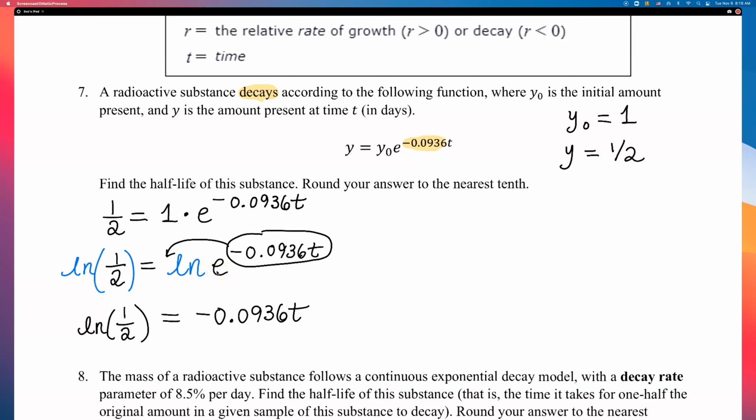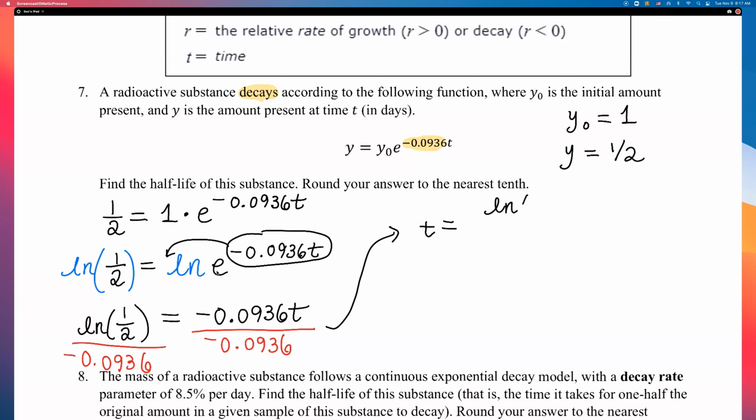Now, the last step is to divide both sides by that rate of negative 0.0936. So here is the half-life: t is natural log of half divided by the rate of negative 0.0936. And they want us to answer this to the nearest tenth.